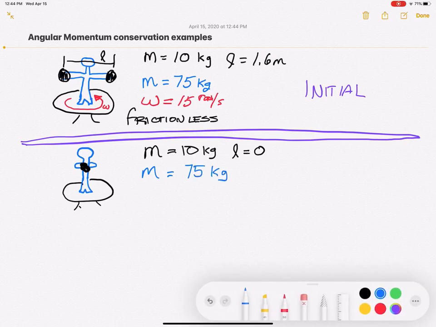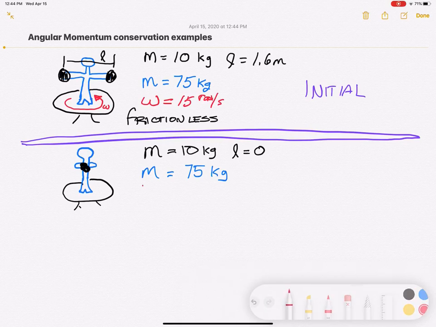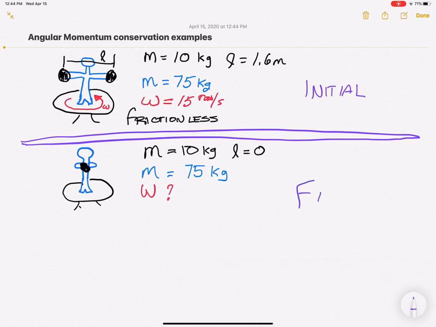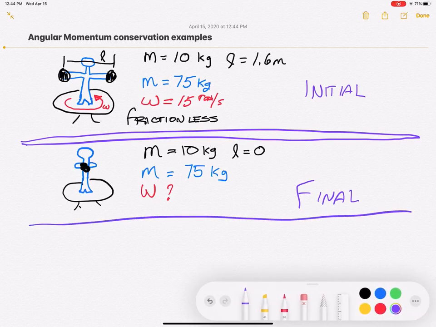And what we'd like to determine is what is the new rotation speed. So all of this is our final setup. And our approach is going to be angular momentum conservation.